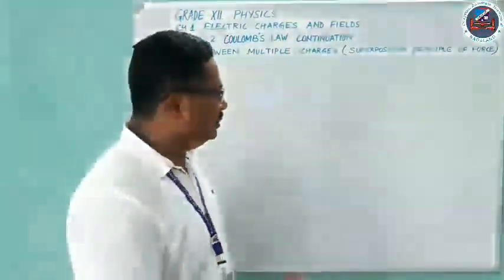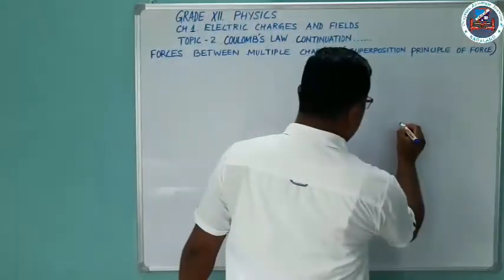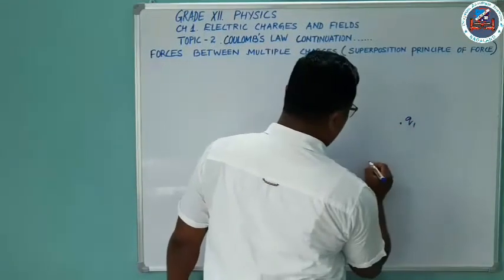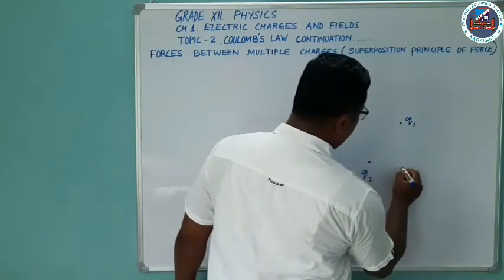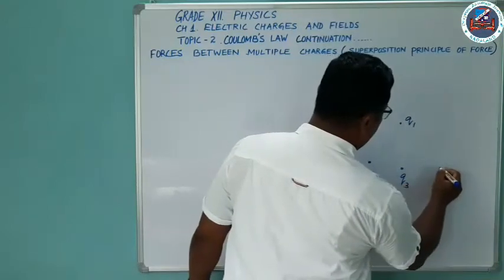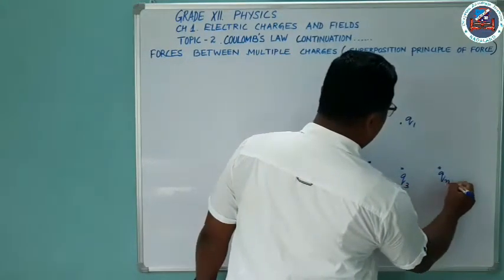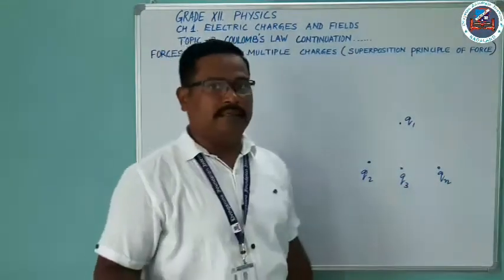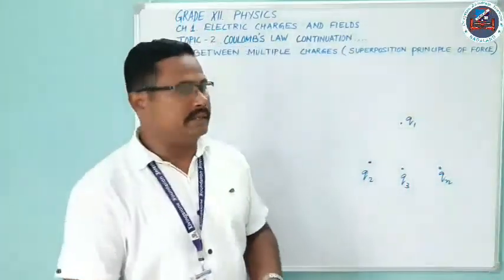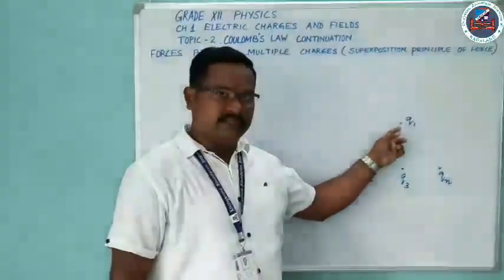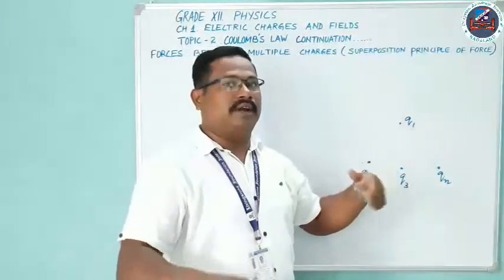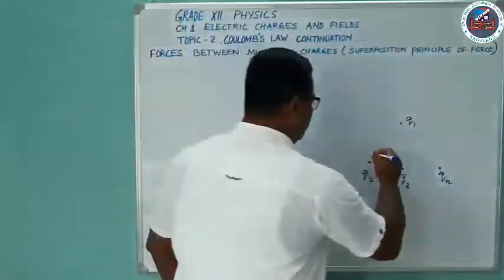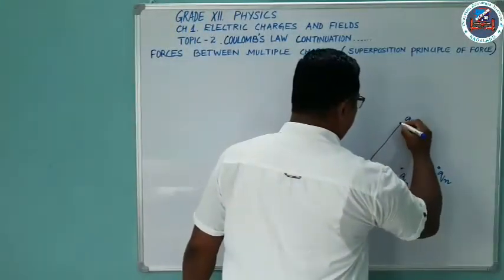So when we take the charges, say Q1, and I'm taking Q2, Q3, like that, up to Qn charges, then the overall force that Q1 experiences we can find as the sum total of the force between Q2 and Q1.